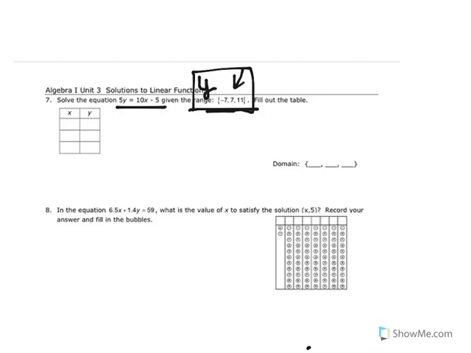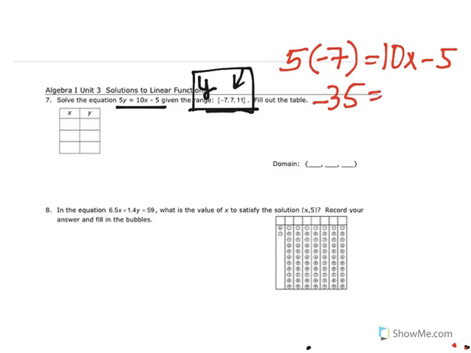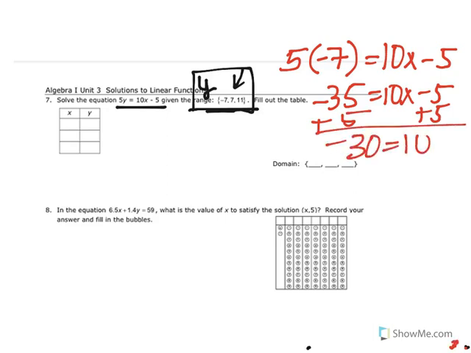So 5y, we would start with 5 times negative 7, plug that in for y, equals 10x minus 5. So I get negative 35 equals 10x minus 5. Add 5 to both sides, and I get negative 30 equals 10x.